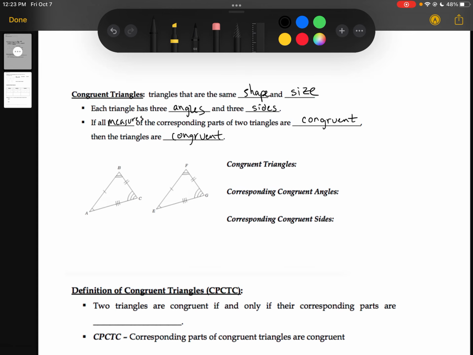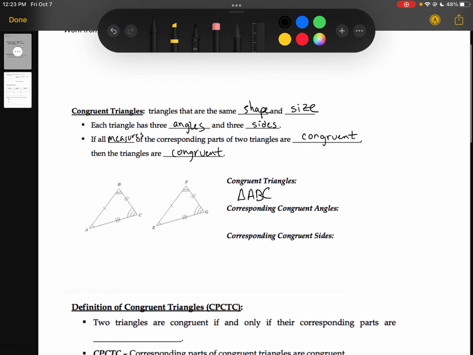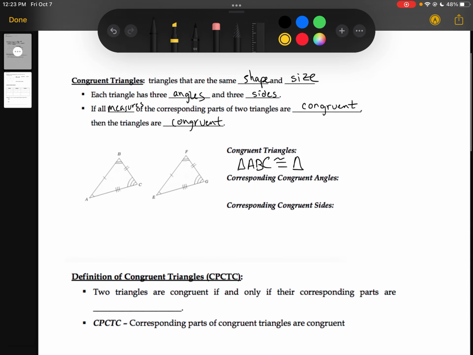One key thing about congruent triangles is when we write a congruent statement, so if we're talking about triangle ABC, everything in our congruent statement also must match. So we cannot put our second triangle in just some random order. If A is yellow, B is red, and C is green, we have to make sure that we are finding the red, yellow, and green terms from our second triangle.